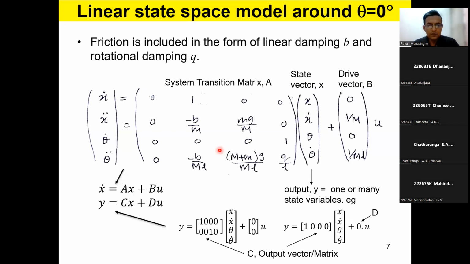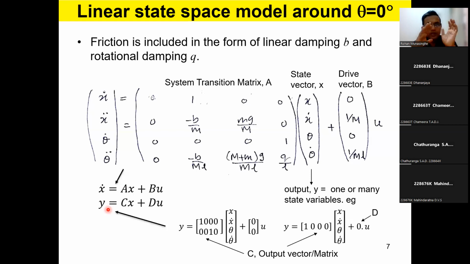Now you can see the output matrix, y equals Cx plus Du, the second equation in the state space model. Now this time, what do you think? In a usual state space model, most of the plants we have worked on up to now, we had only one output, one measurement. But here, we have two measurements.